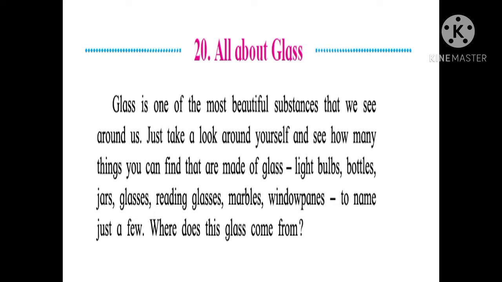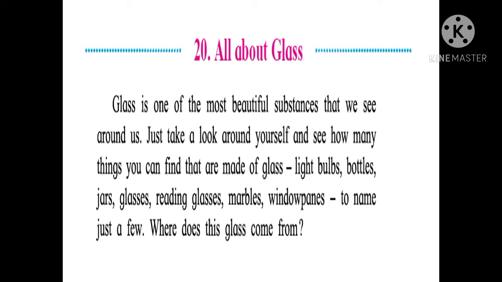Just take a look around yourself and see how many things you can find that are made of glass. Light bulbs, bottles, jars, glasses, reading glasses, marbles, window panes, to name just a few.